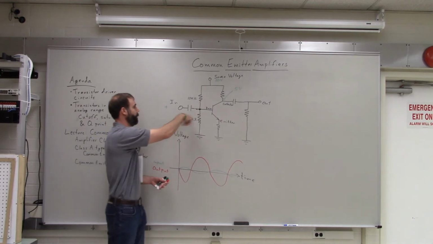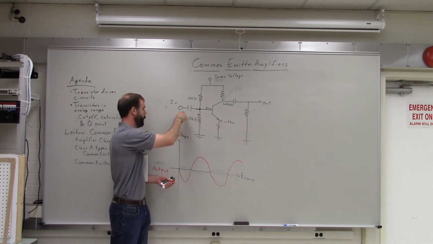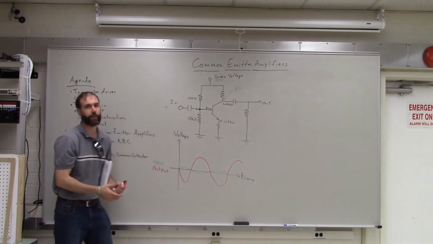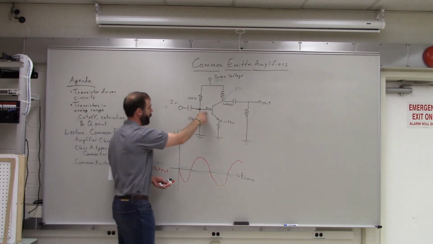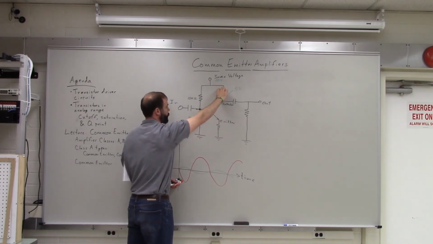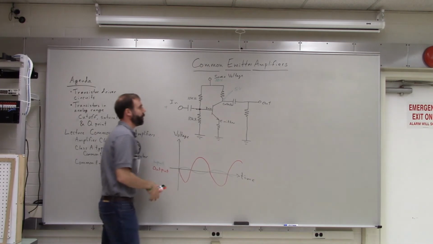And we can use the same logic to show that when the input goes down, the output goes up, right? When the input is lower, we have less current here, less current there, so less voltage there, the output goes up.